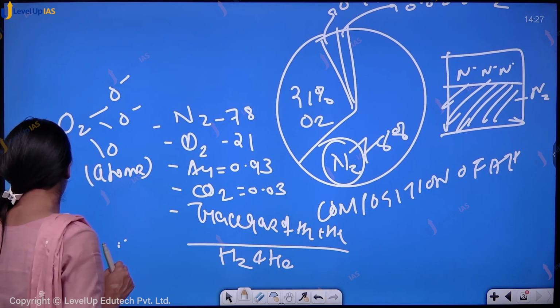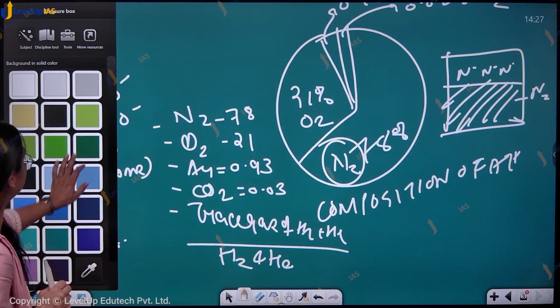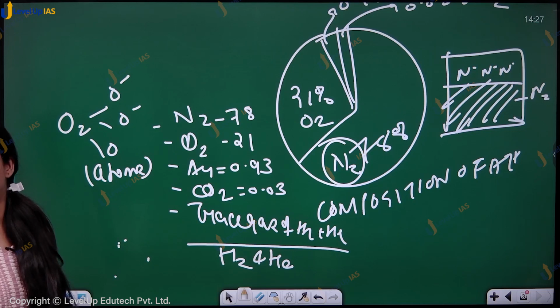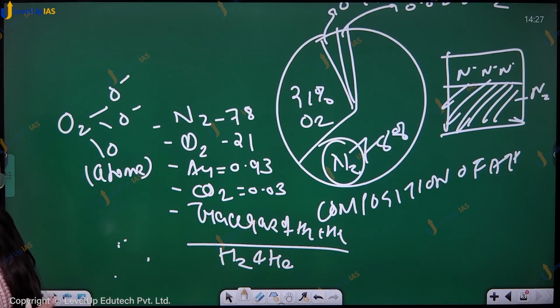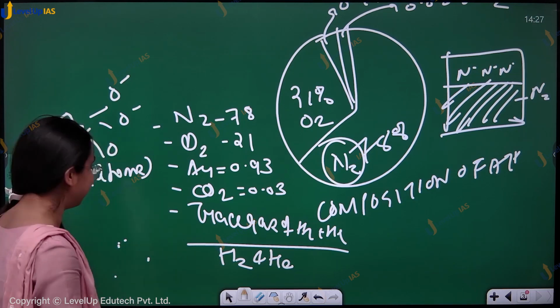Dark green. This one's better. Deep is fine. Is it fine? Thank God, I wanted to change it.